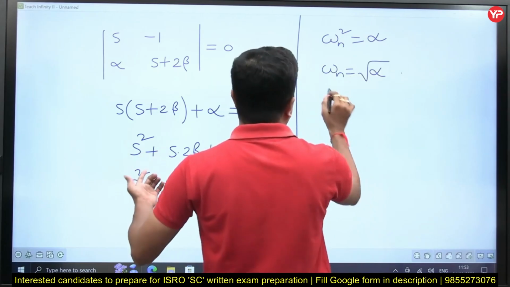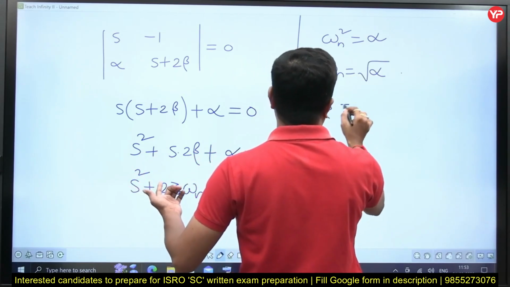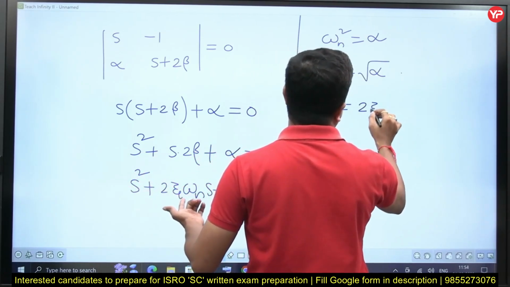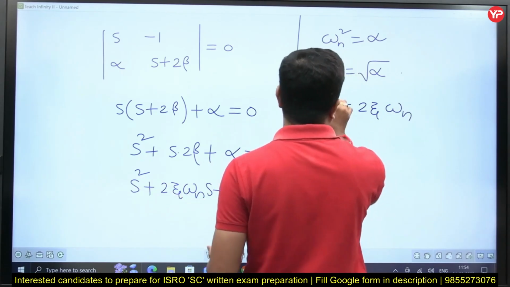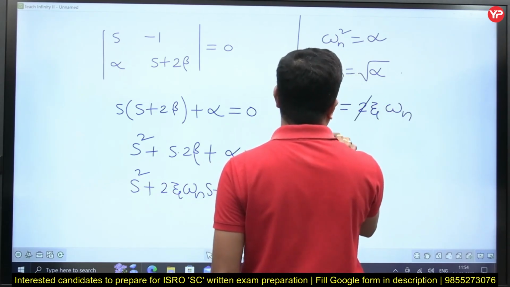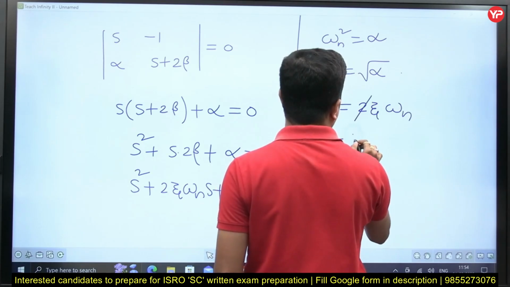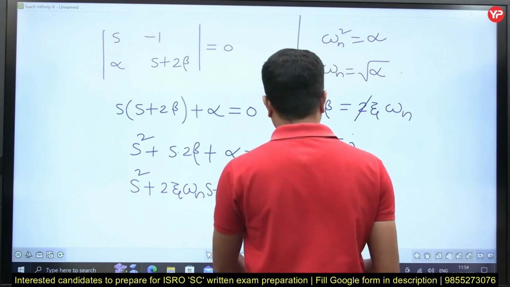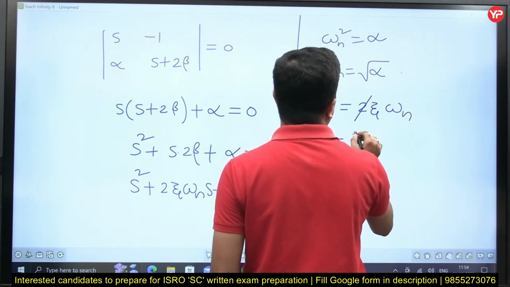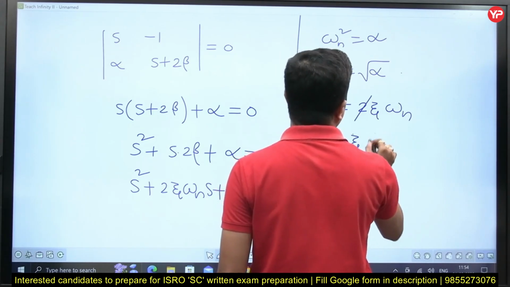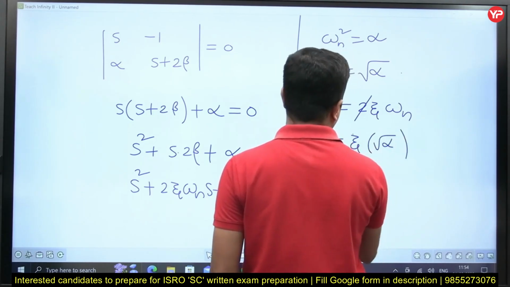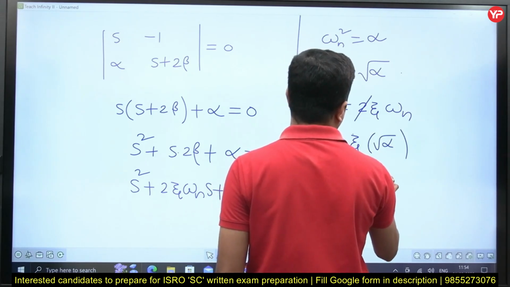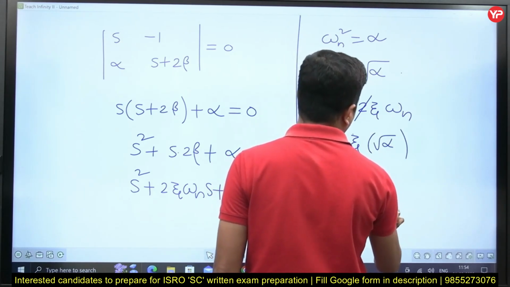In the same way, 2 beta is equal to 2 zeta omega n. So the 2 cancels, and the damping ratio zeta is equal to beta by root alpha.